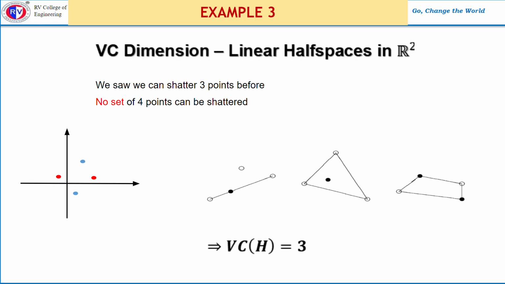Lastly, we went through an example which was already explained in the shattering concept, where we were able to shatter 3 points in R square, but we are not able to shatter 4 points in R square. From that we can derive that VC of this kind of H would be 3.